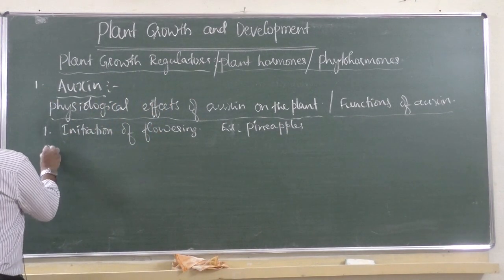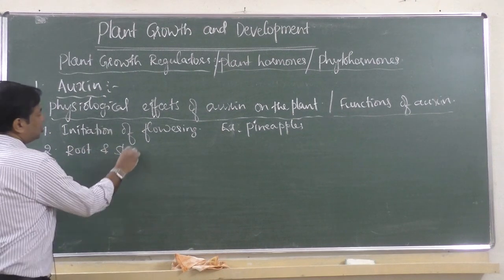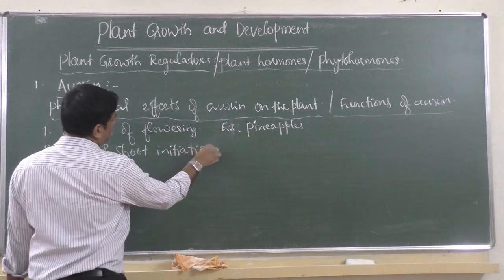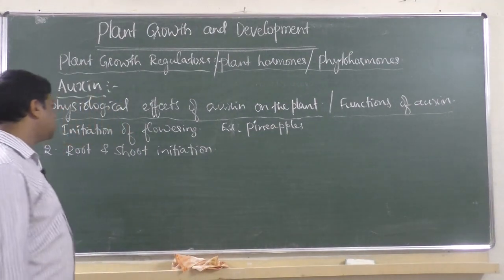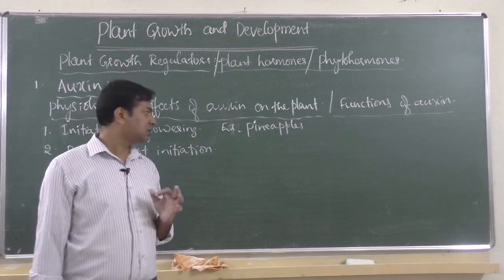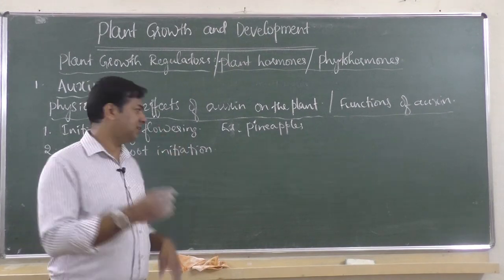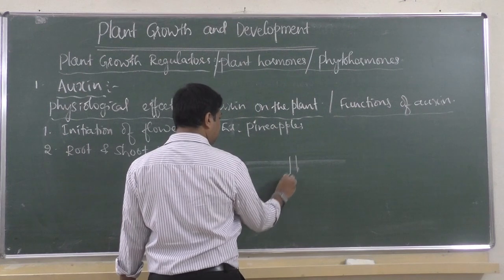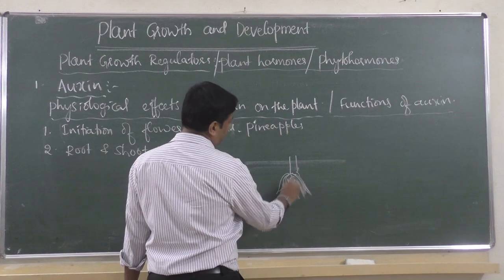Then it is also helpful for root and shoot initiation. Initiation means starts producing. Suppose this is the soil surface, and these are roots, fibrous roots I am talking about, monocot roots.